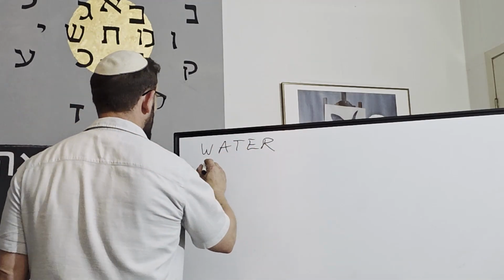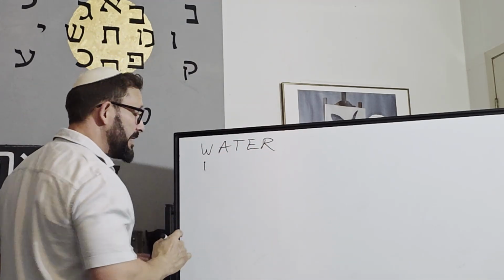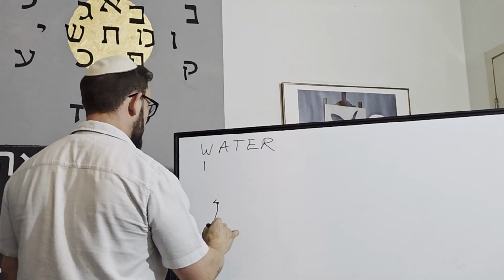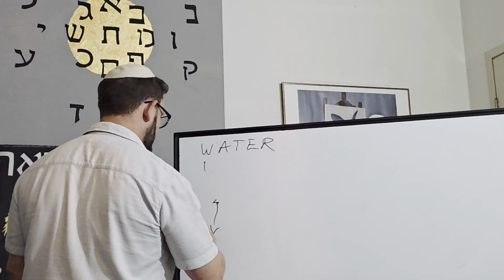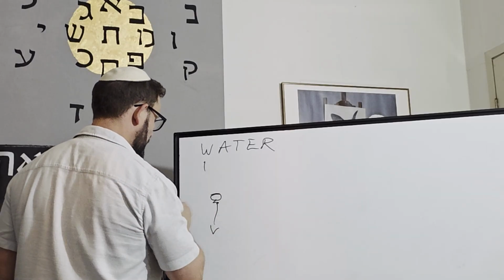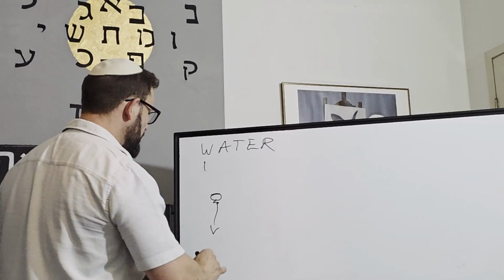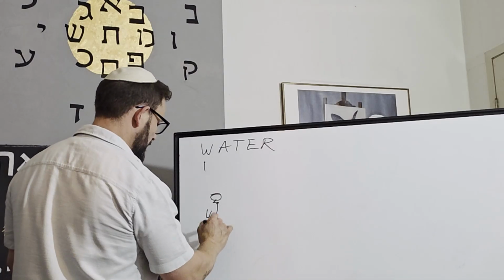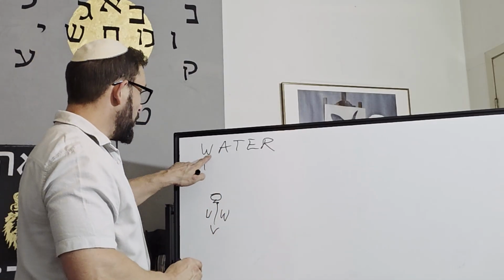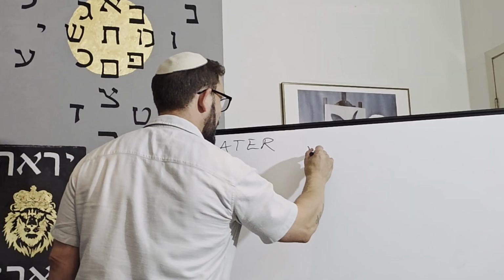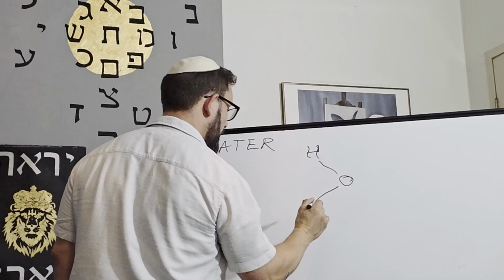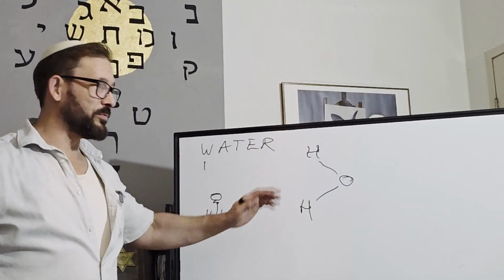Water, that will be a vav, many bindings, because a vav, it has the V, tip of the nail, directing, O, top of the nail, U, a binding, and W, many bindings. Water, H, O, H, times numerous.